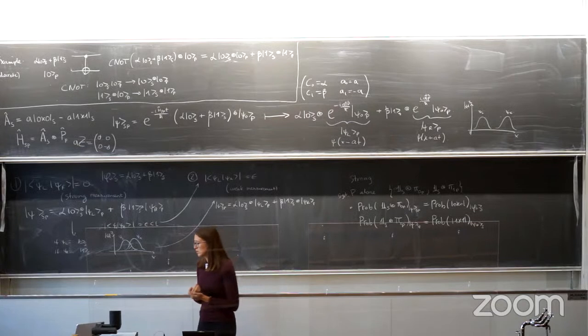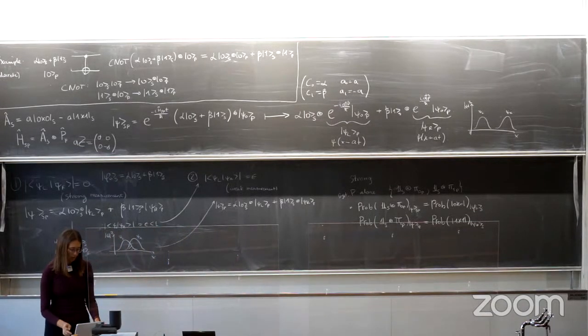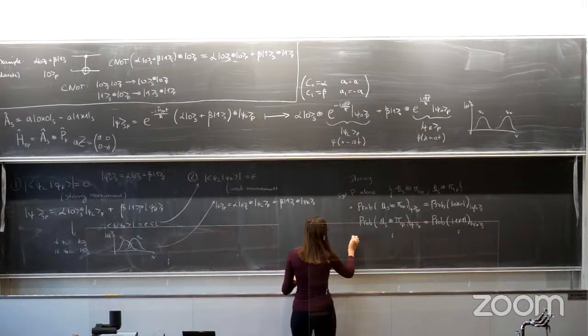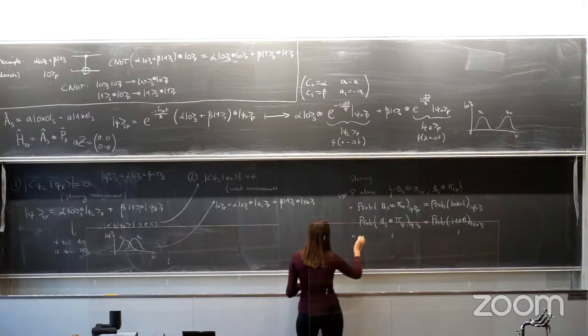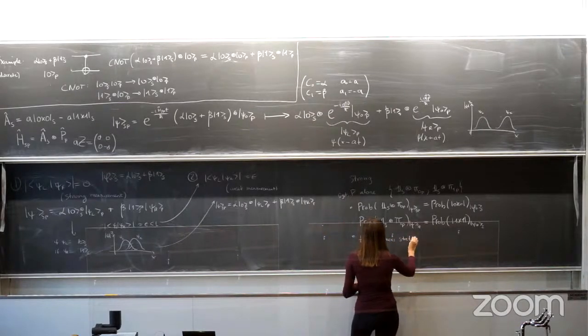And additionally, we would have the following constraint, which would make your life a bit more difficult, which is that the post-measurement state on the system S should be the same in both cases.